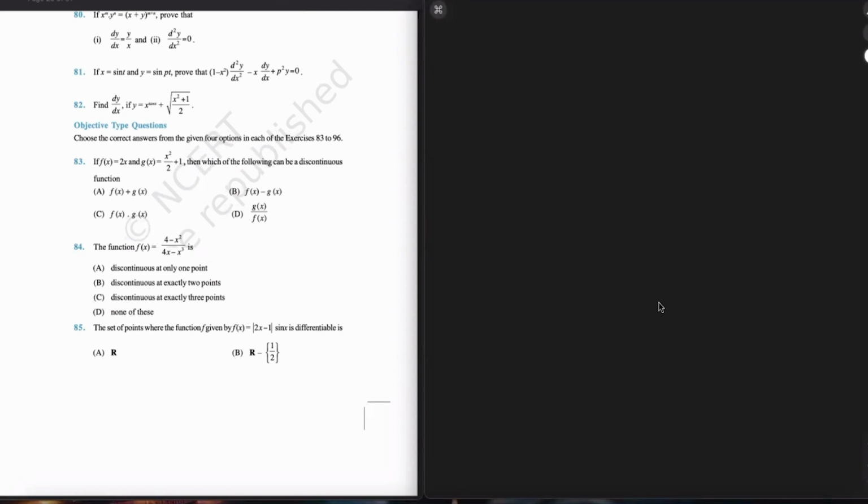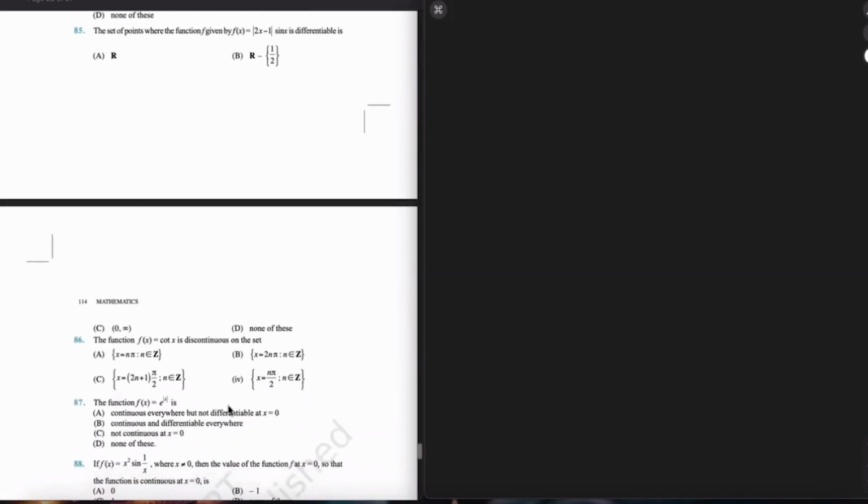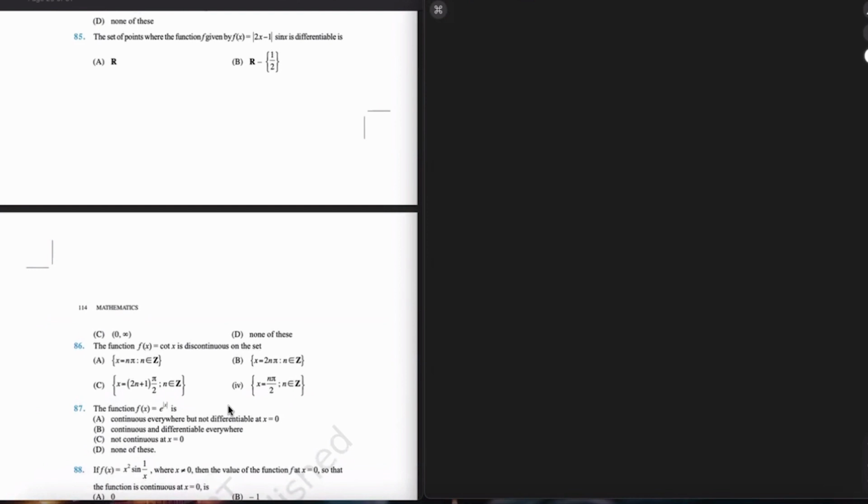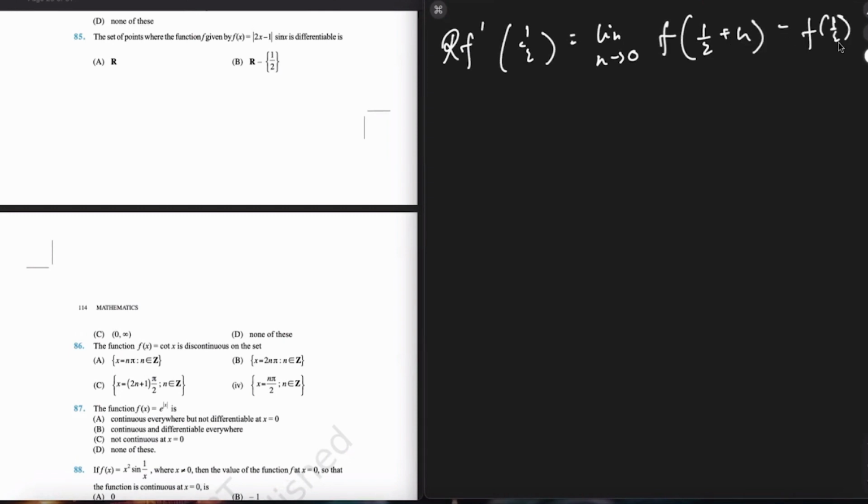The set of points where the function f given by mod of (2x minus 1) sin x is differentiable is... Okay. So let's approach from the right hand side for f dash of half: limit h tends to 0 of f(half plus h) minus f(half), divided by h.